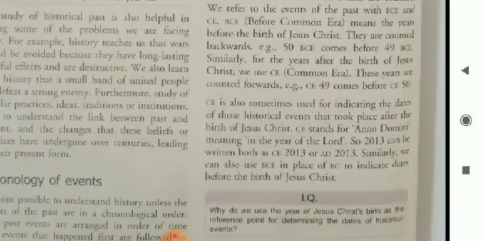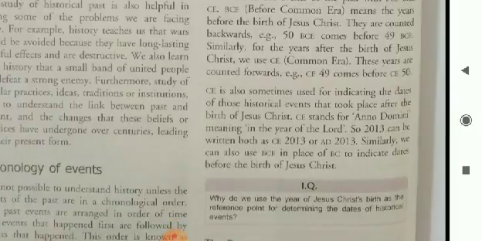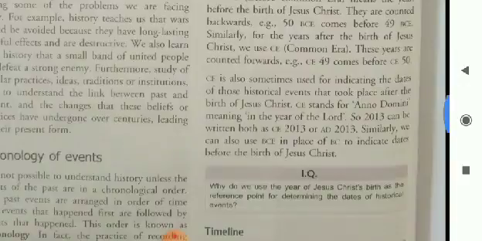We refer to the events of the past with BC and CE. BC means before Christ, the years before the birth of Jesus Christ. They are counted backwards. For example, 50 BC comes before 49 BC.